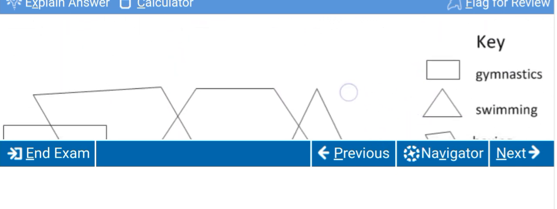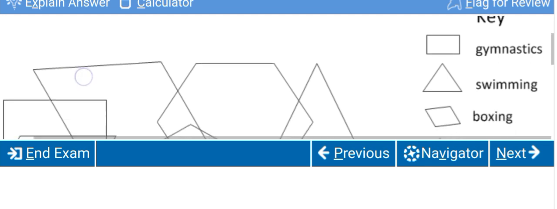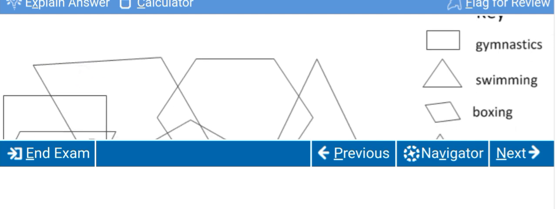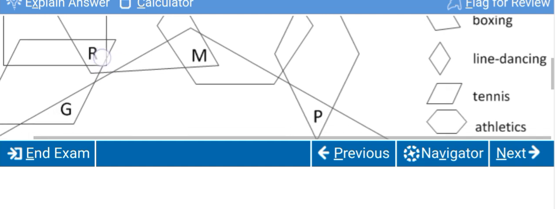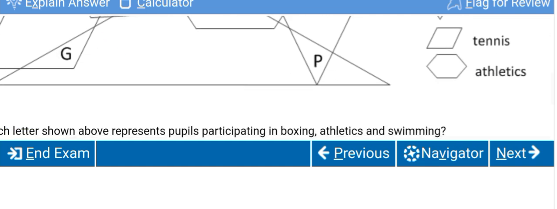So first, we have the rectangle shape that represents gymnastics, a triangle that represents swimming, and then we have a rhombus-like shape which represents boxing, then line dancing, tennis, and hexagon as the athletics.